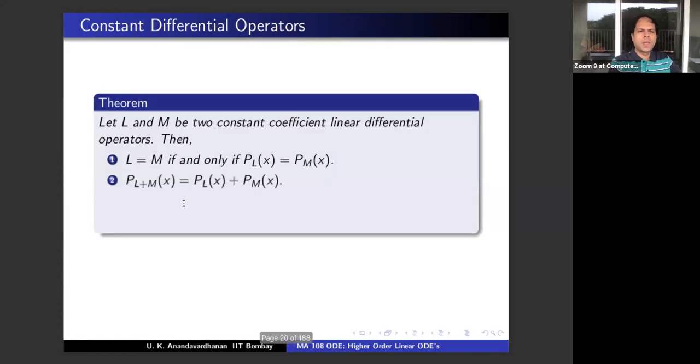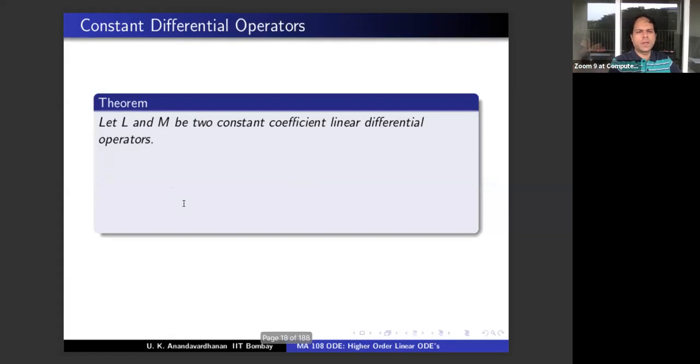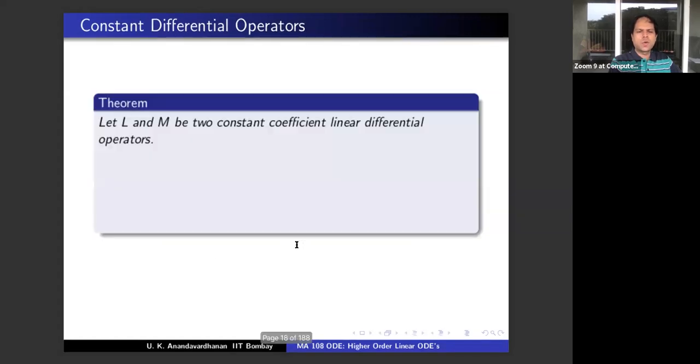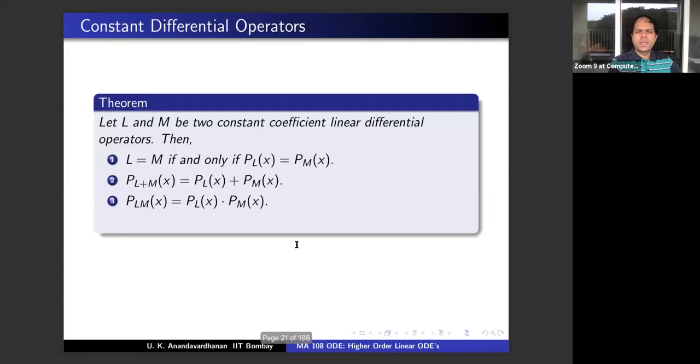We will show it. And this is obvious. The characteristic polynomial of the sum of two constant coefficient differential operators is the sum of the characteristic polynomials. That just follows from the definition. If you have b naught, D power n, etc., if you add, it will be a naught plus b naught, etc. So the characteristic polynomial also will be the sum. And similarly for product, again obvious. And similarly for scalar multiplication, again obvious.